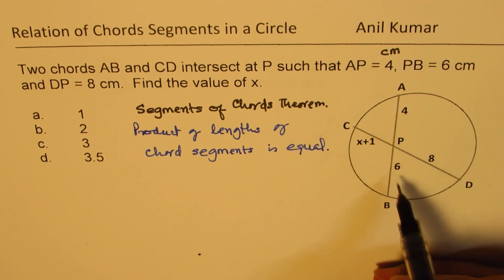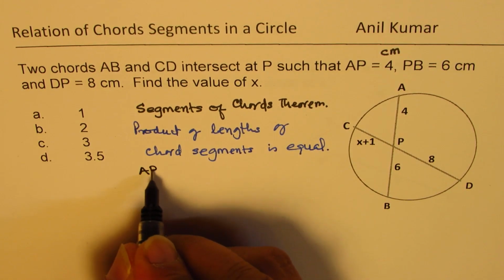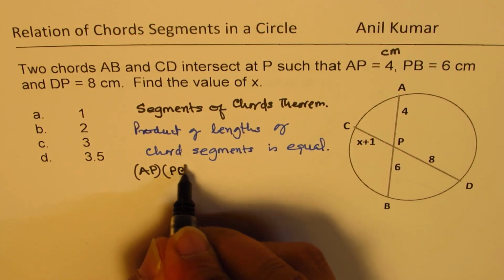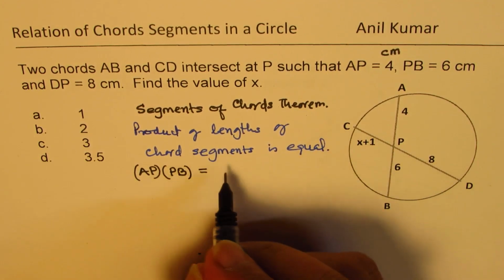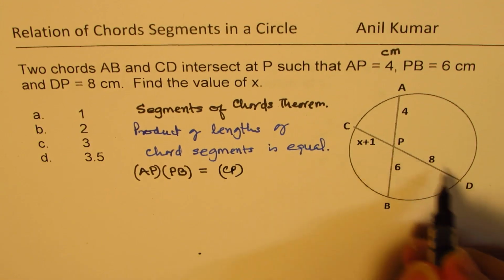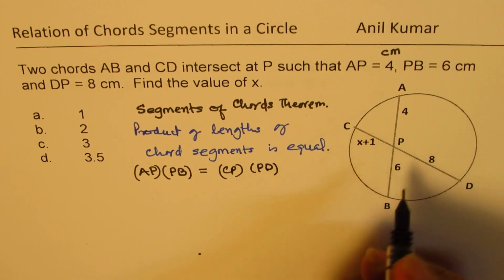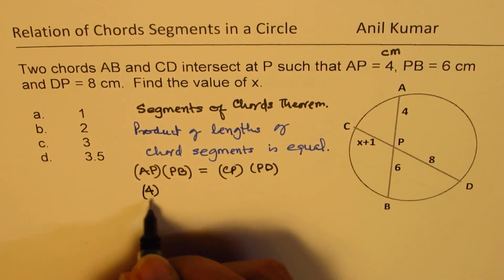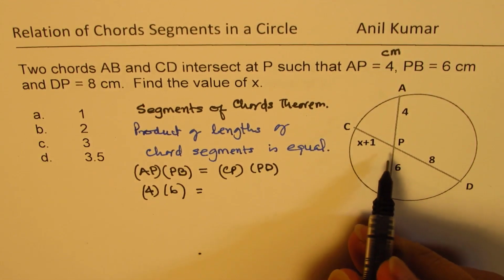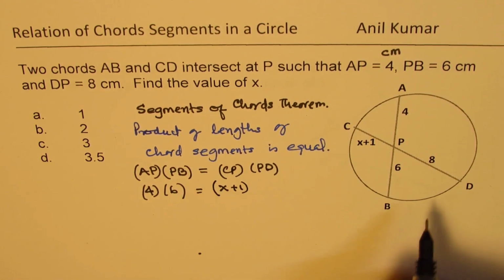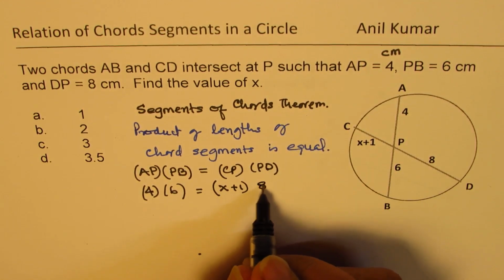So we can say AP times PB should be equal to CP times PD. Substituting the values, we get 4 times 6 equals CP, which is X plus 1, times 8.